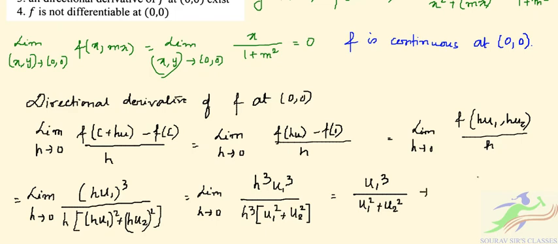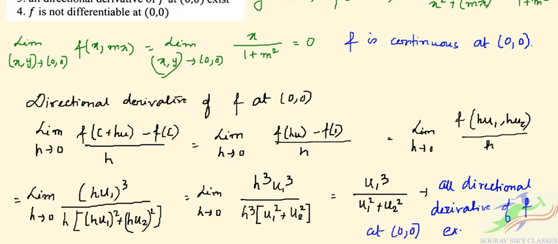So from here we can infer that all directional derivatives of f at (0, 0) exist.